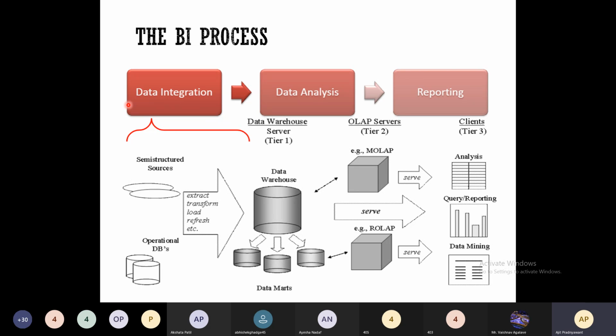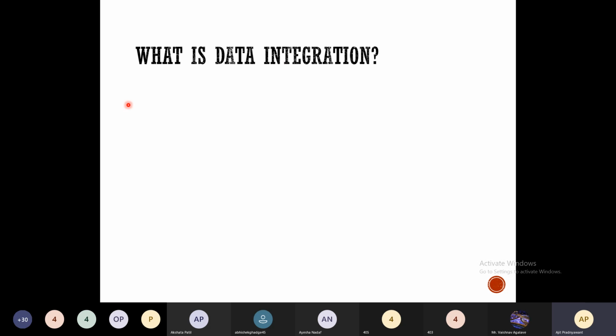So moving ahead, what is data integration? We are familiar with the term data, and integration is nothing but the collection of different entities. Data integration is nothing but collecting the data from different sources.